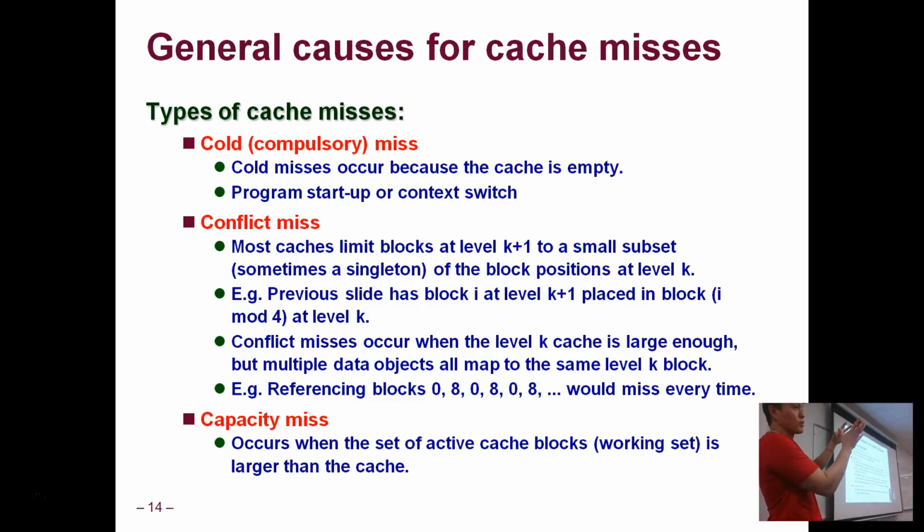Say I have 1,000 integers, and I'm repeatedly going through the 1,000 integers and updating them. If my cache can't store the 1,000 integers, then I will completely overflow that cache, and I'll miss every single time I access data in it. Okay, so those are the three kinds of misses. And the name of the game when we design a cache is to minimize the bottom two. This one, there's not much you can do about it. You have to basically do it by sizing, but we can definitely minimize conflict.